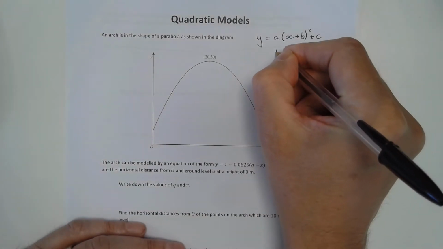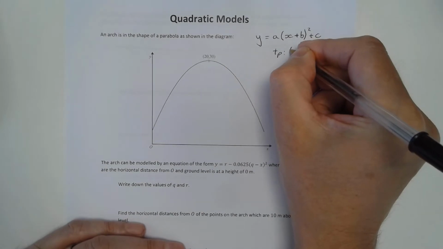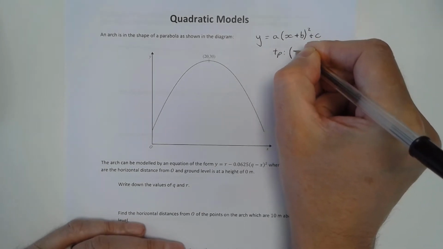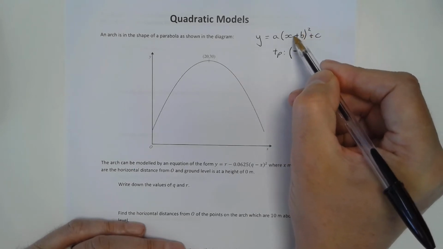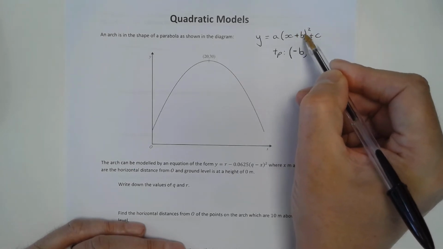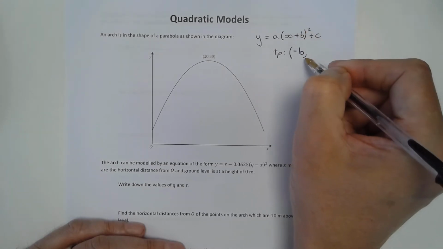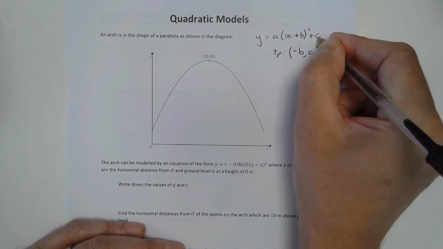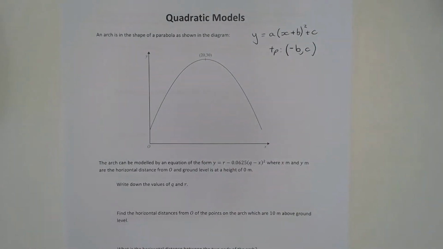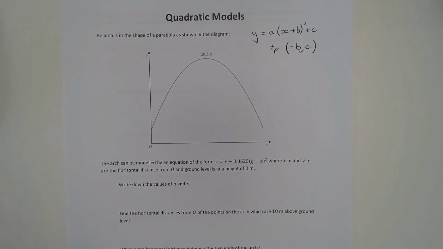And if I have it in that form, then the turning point has an x coordinate of the opposite sign of what's in the bracket, so that is going to be minus b, and then the y value is taken from the constant. The turning point can be a maximum or a minimum, it depends on which way round the graph is, but the turning point will always be that.